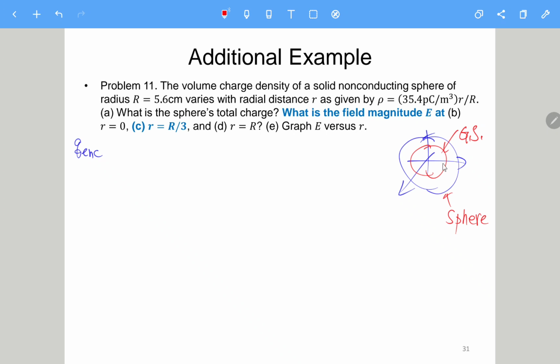So we have a Gaussian surface inside, and we need to apply Gauss law for this Gaussian surface, so we need to calculate the Q enclosed.